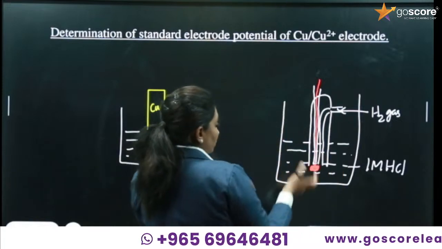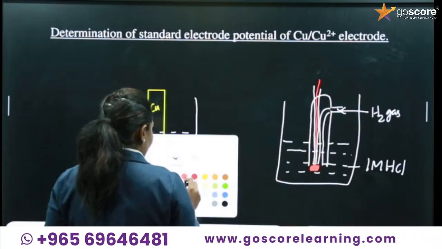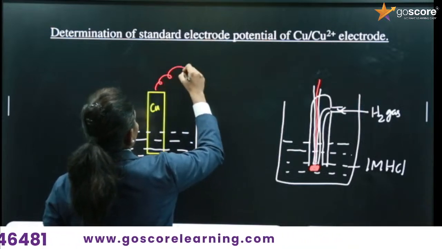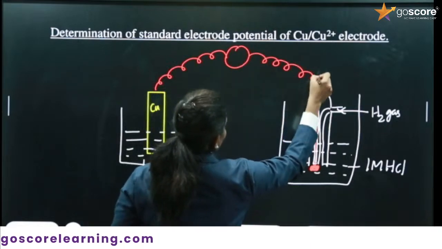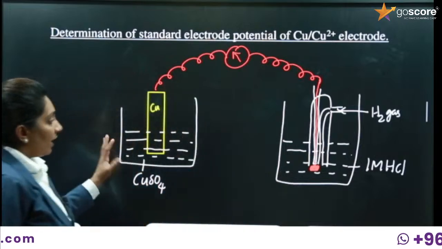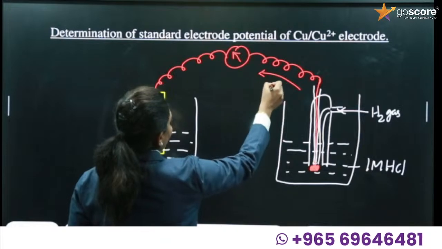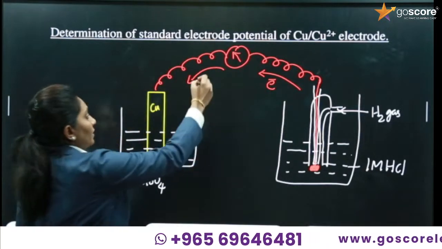It will help for the inflow and outflow of the electrons, right? Yeah, we're connecting the... Okay, this is the galvanometer. And when you connected it, you can see the electron flow will be from standard hydrogen electrode to copper sulfate.